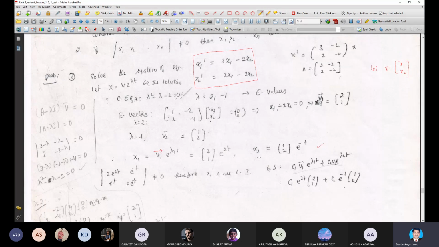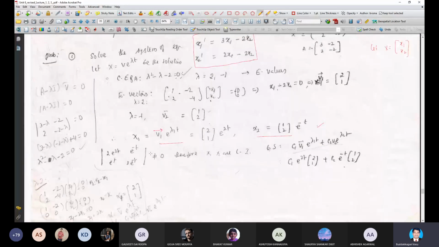Now let us check whether they are independent or dependent. Find out their determinant, determinant of x1, x2. x1 is 2 e power 2t, 1 into e power 2t. x2 is 1 into e power minus t and 2 into e power minus t. So the determinant you find out, this is not equal to 0, right?